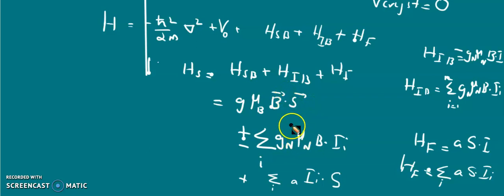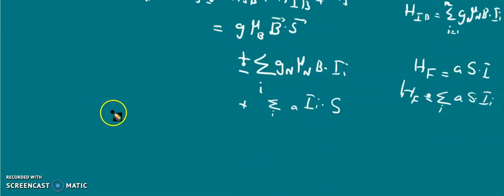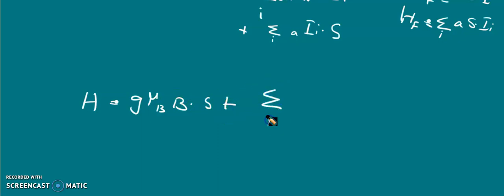So in the first approximation we can neglect this, and we can write the Hamiltonian as H is equal to G mu B B dot S, the first term, plus the third term, summation over i of Ai.